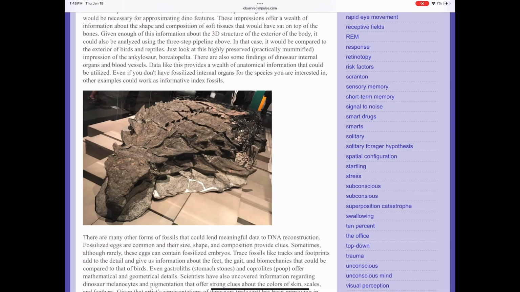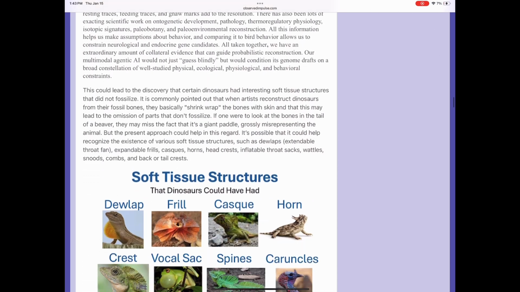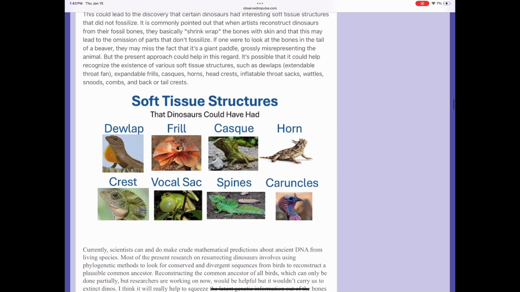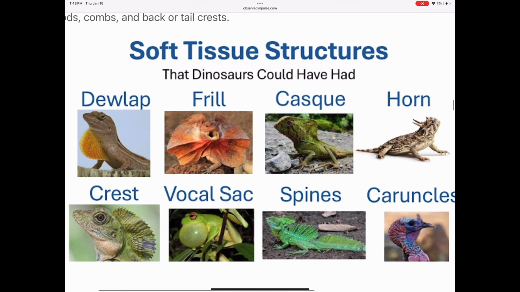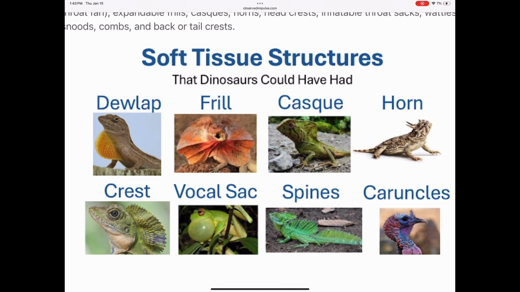And we may be able to think about the kind of soft tissue structures that dinosaurs could have had, specifically by looking at their bones and comparing them to the bones of reptiles and birds. We may be able to make certain inferences about some of these dinosaurs, which may have had frills or dewlaps or horns that don't fossilize.